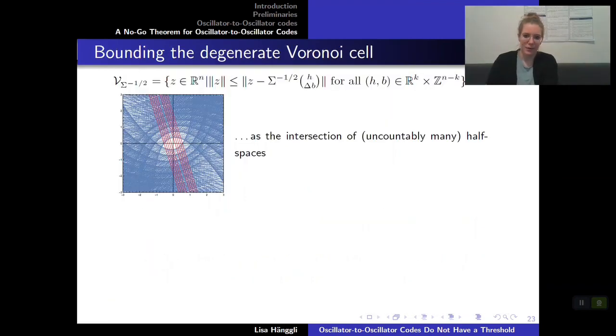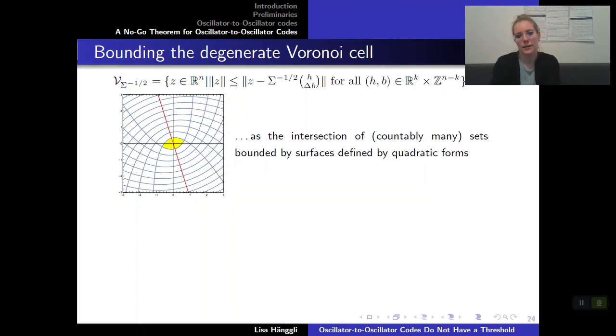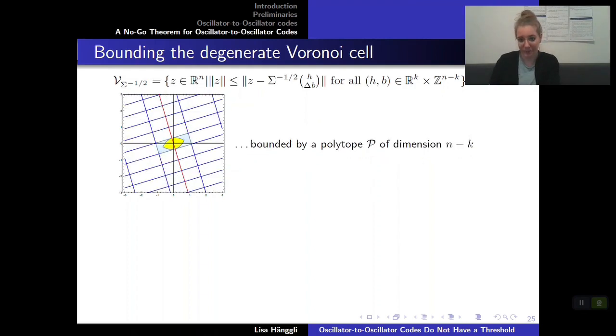And these Voronoi cells can be either seen as the intersection of uncountably many half spaces, or as the intersection of countably many sets bounded by surfaces defined by quadratic forms. But neither of these options is really handy for the integration that we want to perform. But luckily, we can also show that each of these Voronoi cells is bounded by a polytope of dimension n minus k.